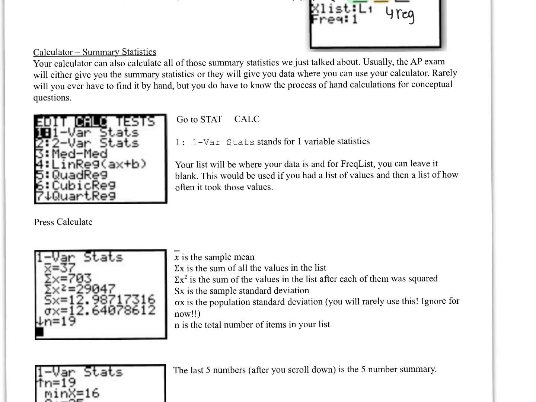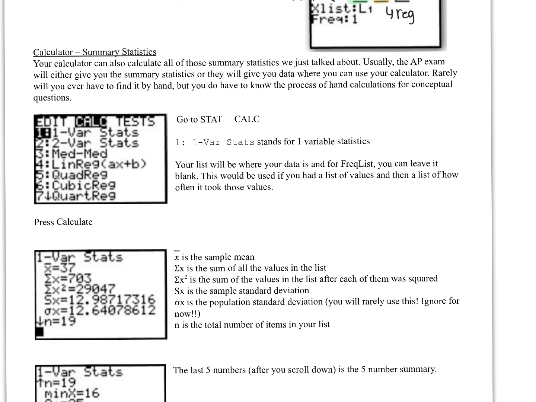You could ignore the part about the AP exam. Typically how it's going to work for me is I'm going to give you the list of data. You can put it into your calculator to find the summary statistics. So you start off the same way you would with a graph. You go into list 1 and you enter all of your data. You're then going to go to stat and then go over to calc.